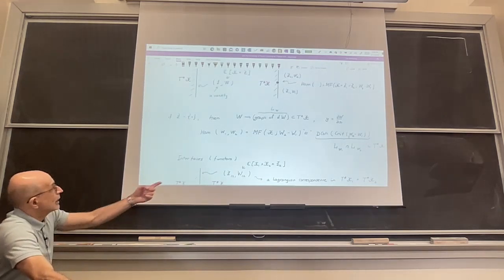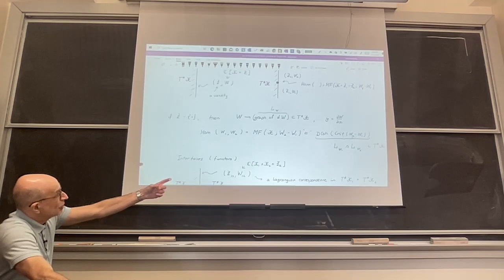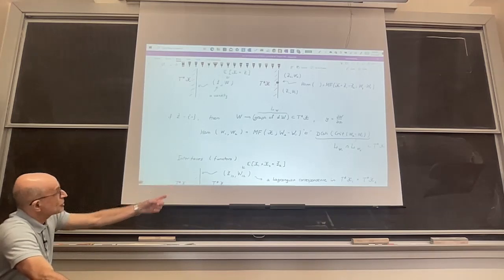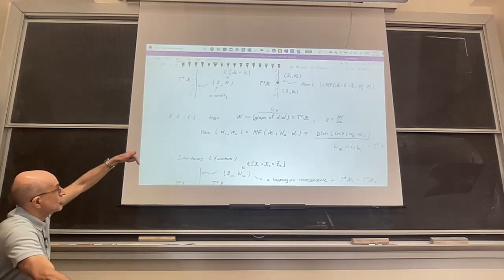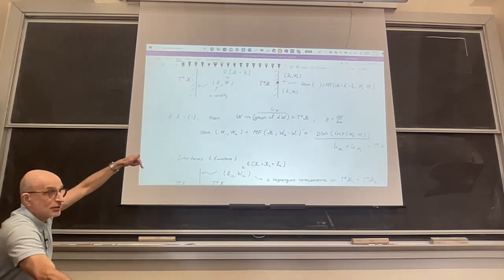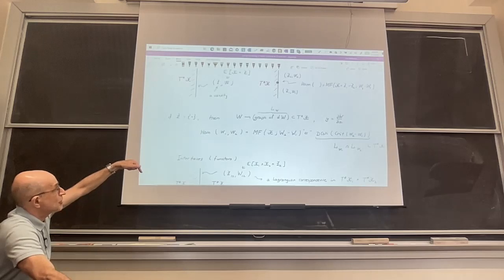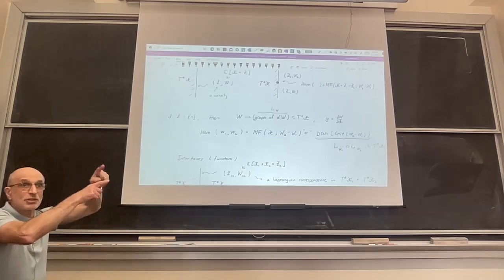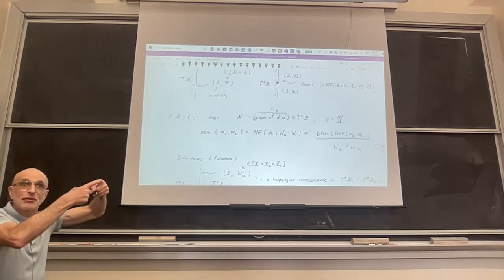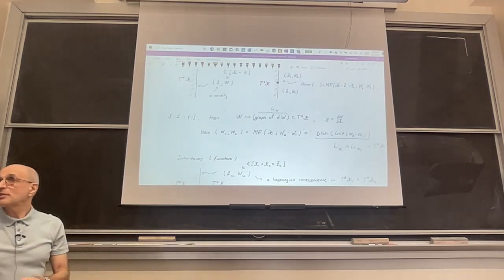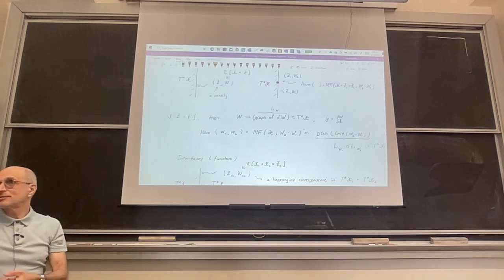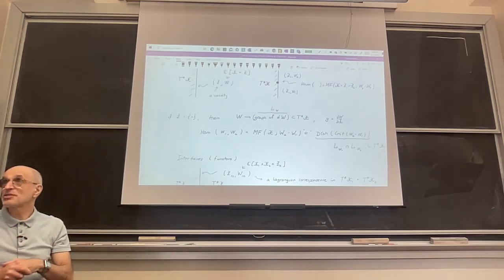So the critical locus of the difference between superpotentials is the bijective projection of the intersection of Lagrangians in the cotangent bundle, because each Lagrangian is given by a partial derivative. So they intersect where the partial derivatives, the differentials, are equal. So it's one-to-one in the simple cases.